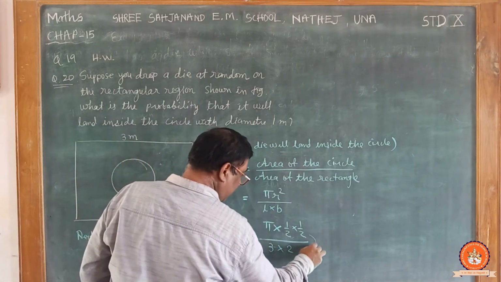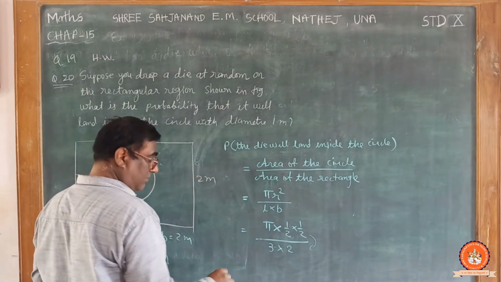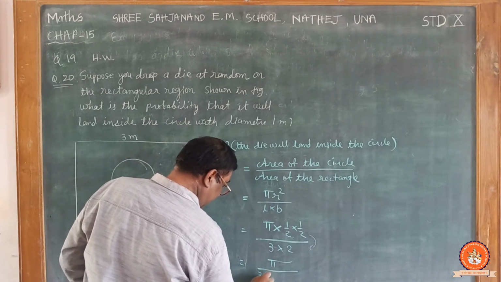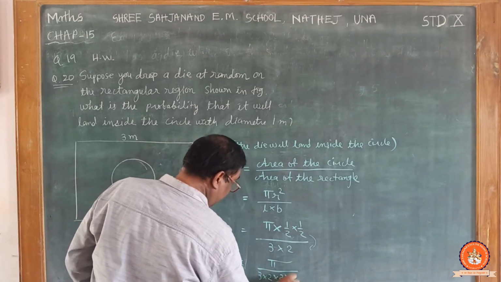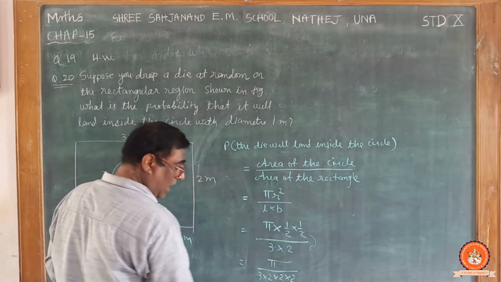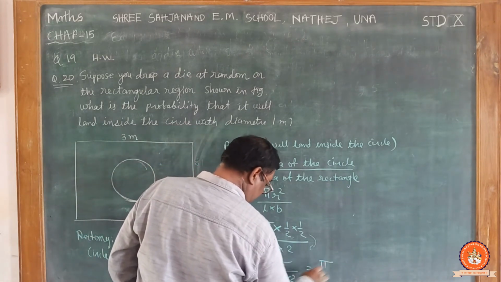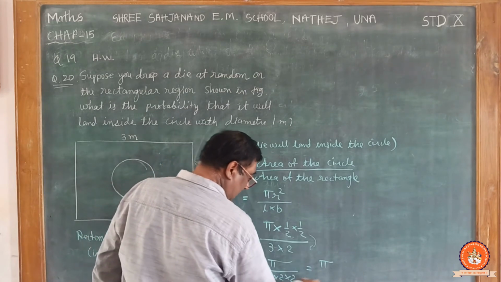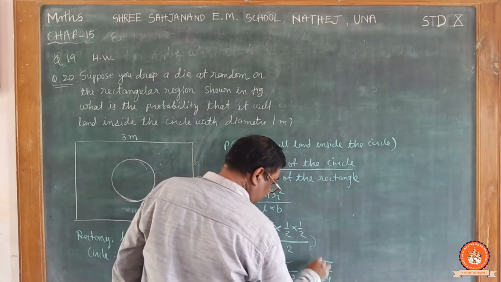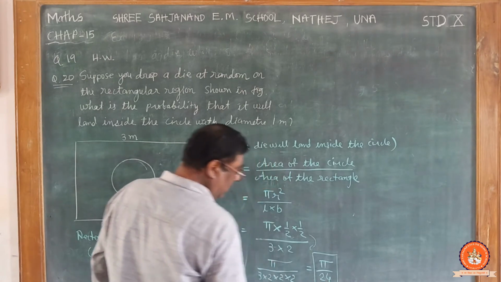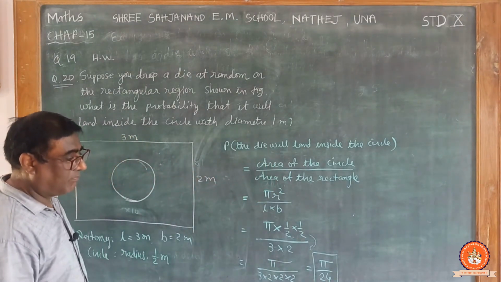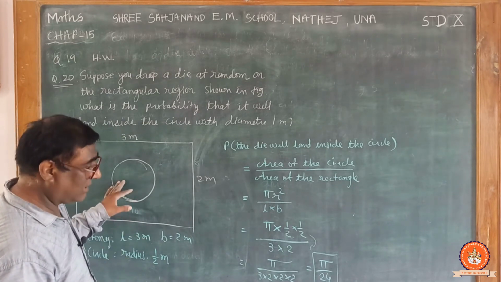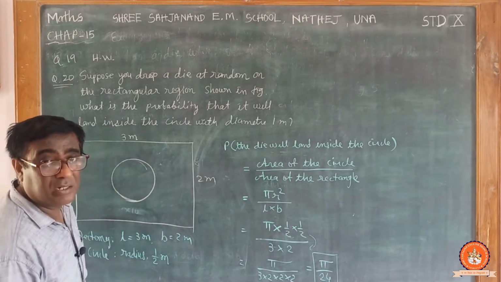So what will this come down to? Pi divided by 3 into 2 into 2 into 2. All these 2s will go down. It's pi divided by 3 twos are 6, 6 twos are 12, 12 twos are 20. The probability of the event that it will land inside the circle is pi upon 20.